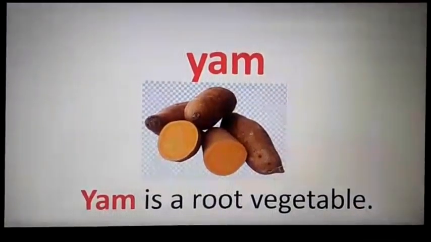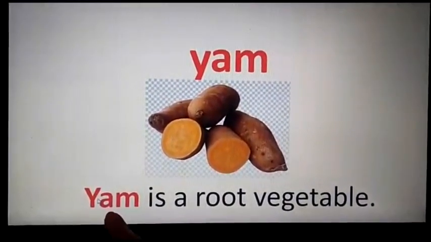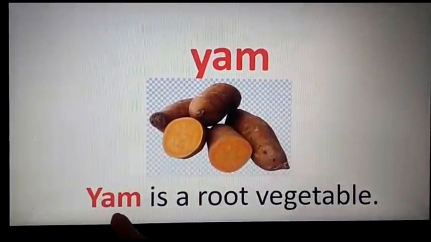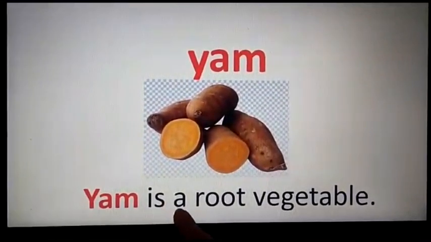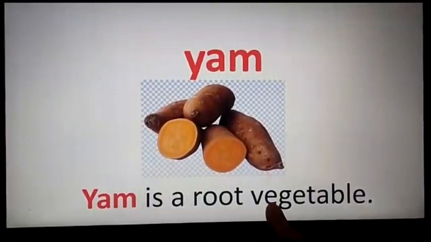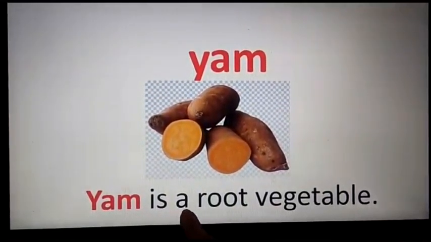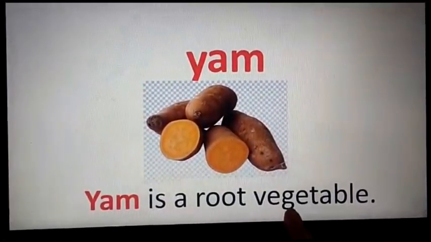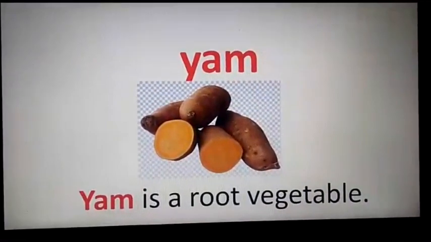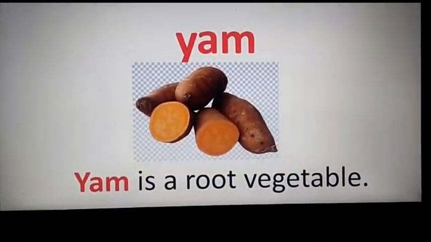You can see the image of yam and we can read this sentence. Repeat after me. Yam is a root vegetable. Again, yam is a root vegetable. Means yam is found under the ground. It is a kind of root vegetable like carrot is.